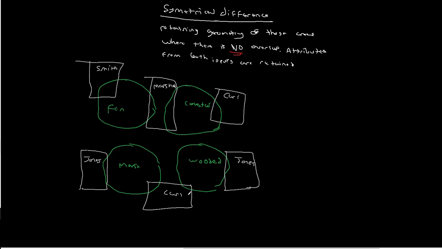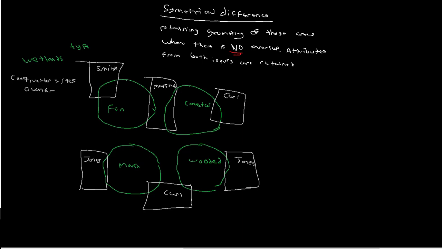Right. So again, we have our wetlands with the attribute type, and we have our construction sites with the attribute owner.